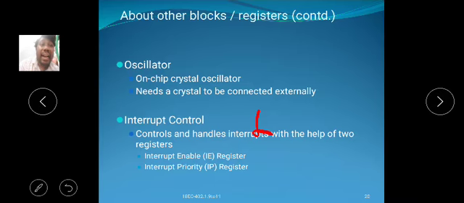It controls and handles the interrupts with the help of two registers. One register is the interrupt enable register, and the second one is the interrupt priority register.